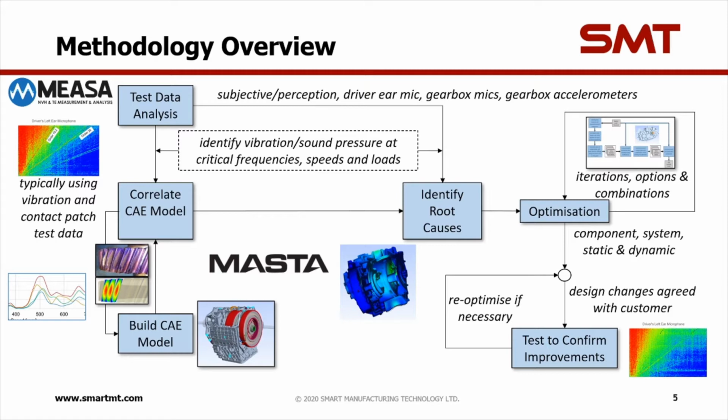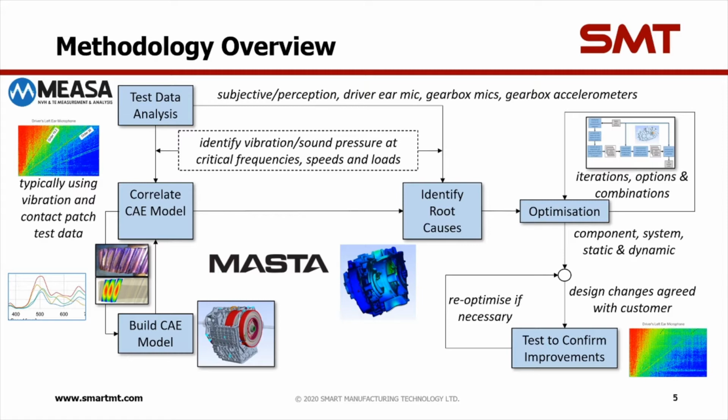So from this we will identify a number of causes of the NVH problem, and then, as part of the optimization phase, we will look to improve the system to remedy these problems. That will be an iterative process where we try various combinations and options to see how much we can reduce NVH.